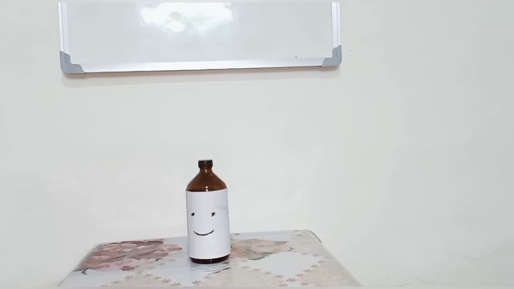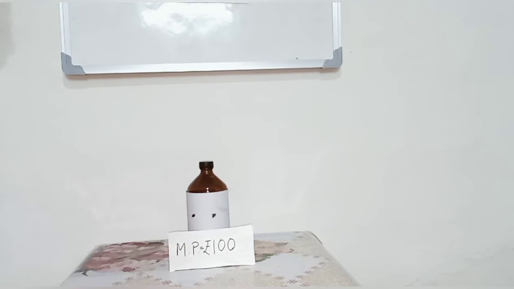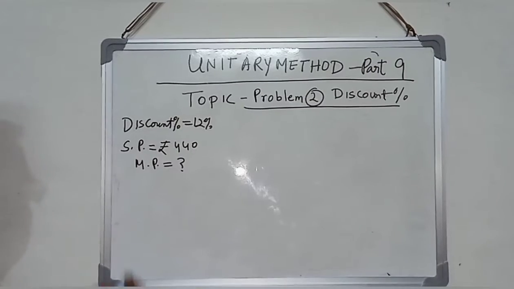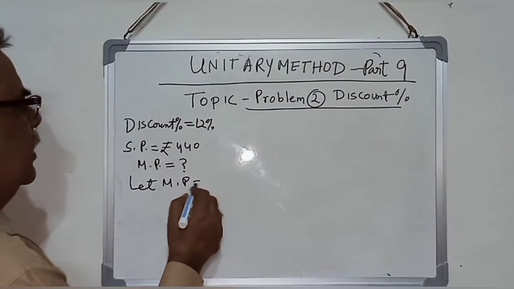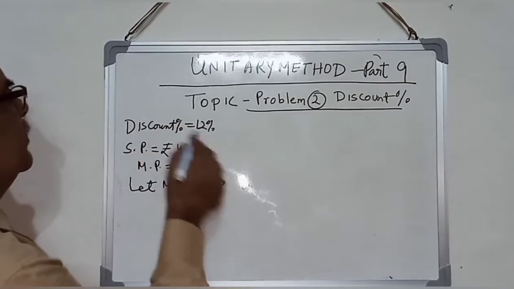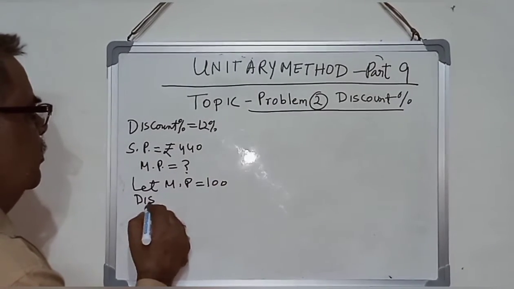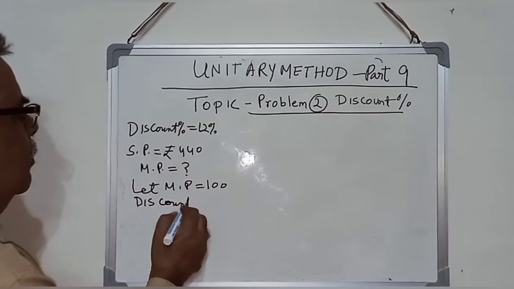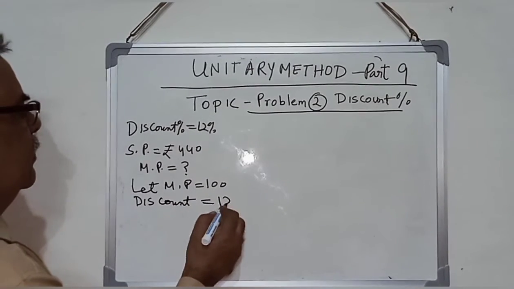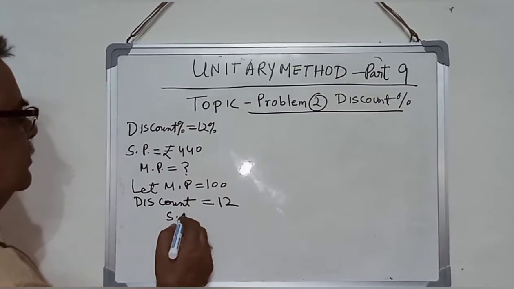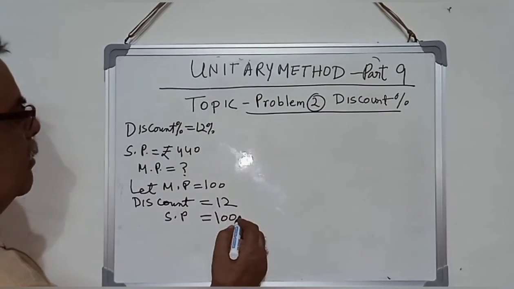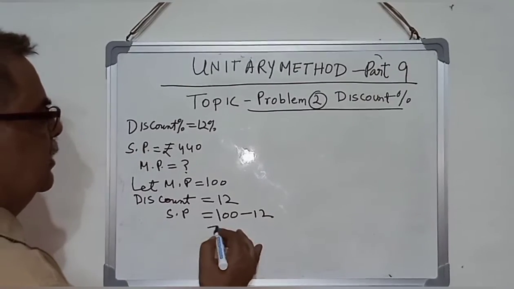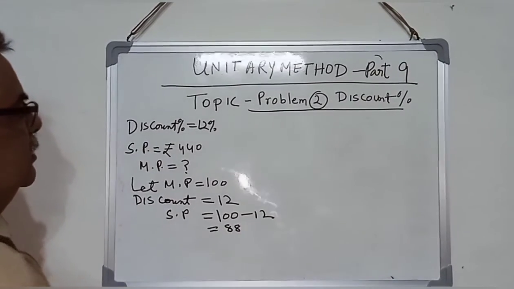Iti makes the first decision. Let the MP of this bottle be rupees 100. Let MP be 100. Then obviously the discount will be 12, and the selling price will be 100 minus 12, that is 88.